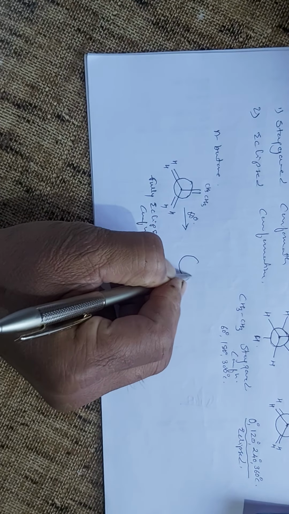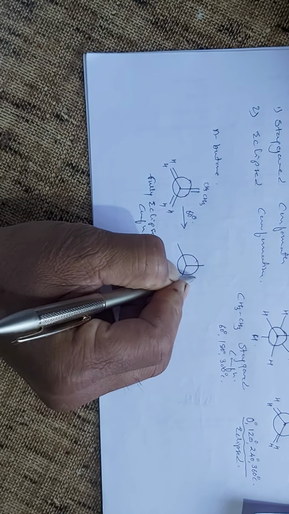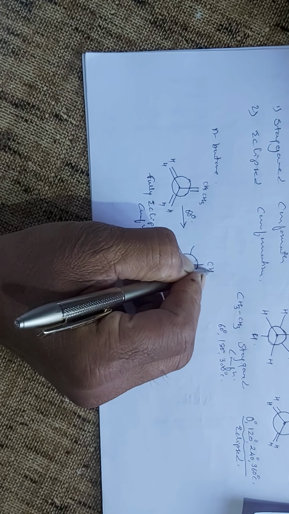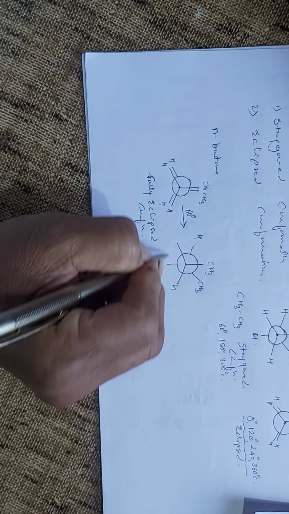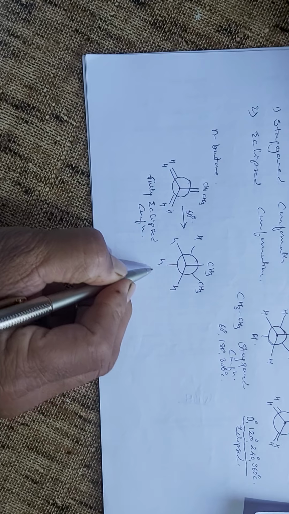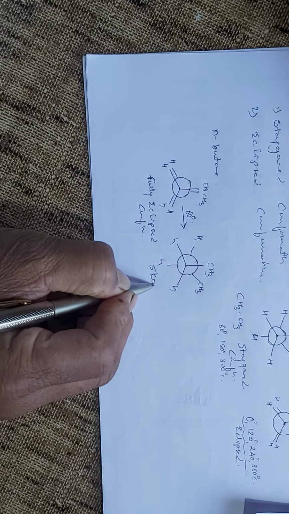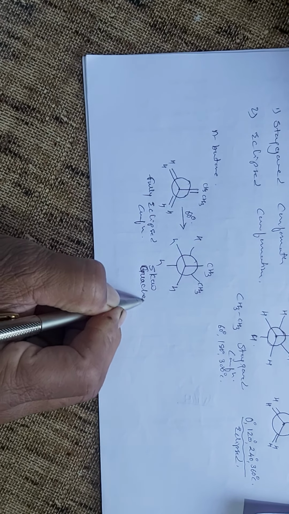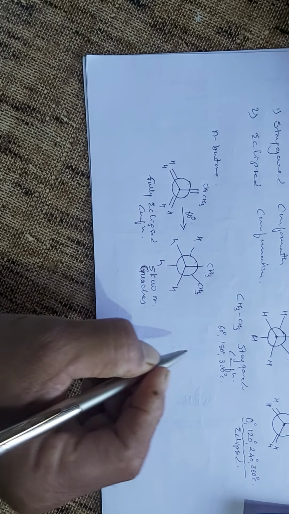Then we have seen that when you rotate the dihedral angle by 60 degree, the methyl groups go away from each other by 60 degree, and the hydrogen atoms are again going away from each other. So this conformation is called your skew conformation, or Gauche conformation.